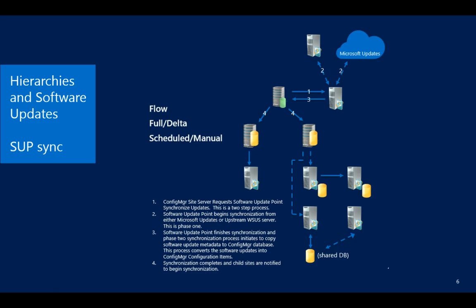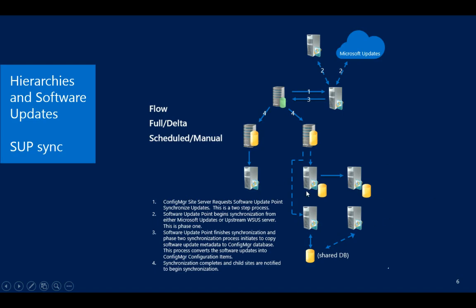The software update point will retrieve data, typically from either Microsoft Updates or, as of SP1, an on-premise WSUS server chosen for that purpose, or you can even export and import it manually if you wanted to. Once we get that information to the local software update point, we'll synchronize it back into the database of the CAS. Once it's in the database of the CAS, a process kicks in to start replicating information down to the child primary software update points.